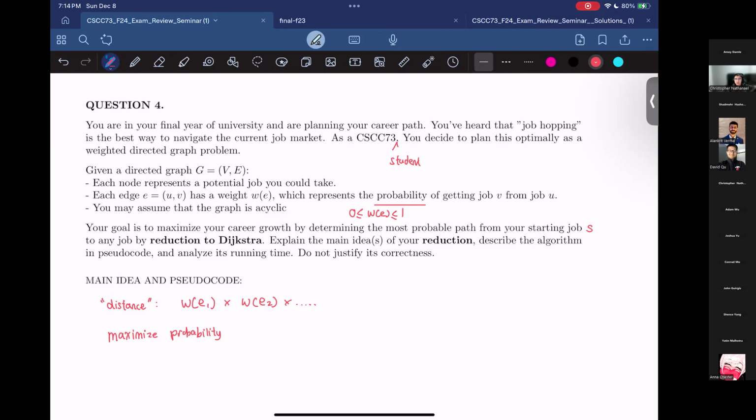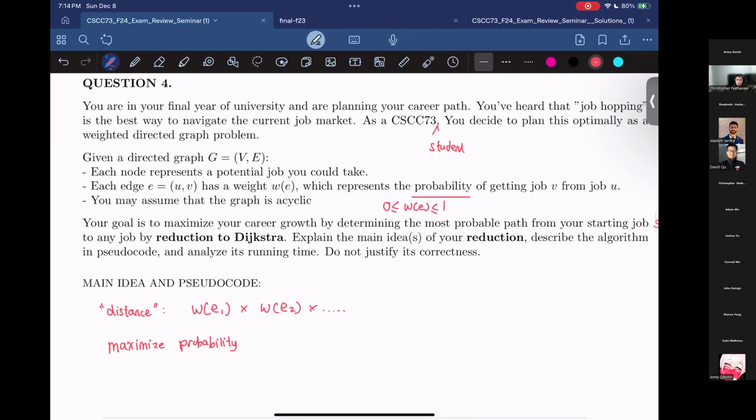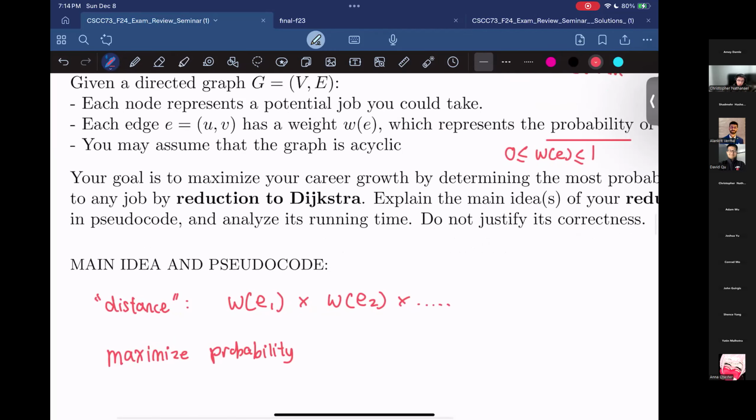Okay, I think Amy has some kind of idea here. Take the complement probability. There's some idea where we need to reverse the probability. But the issue is still that probability works on multiplication while Dijkstra works on addition. Can someone that is still pretty good at math think of, yep, that is what I was looking for.